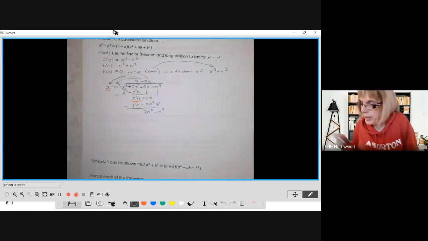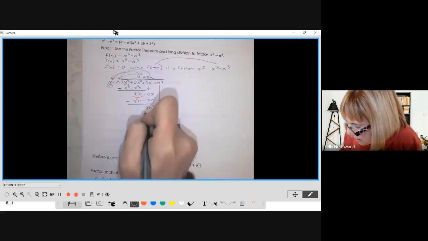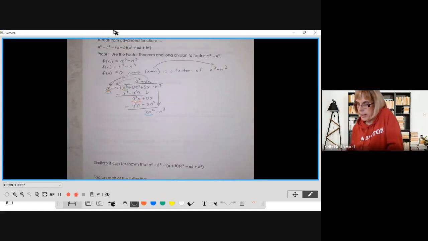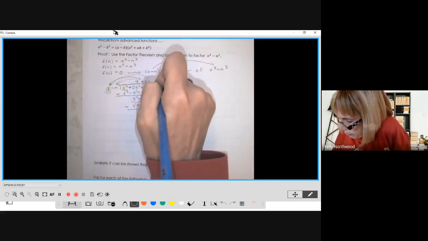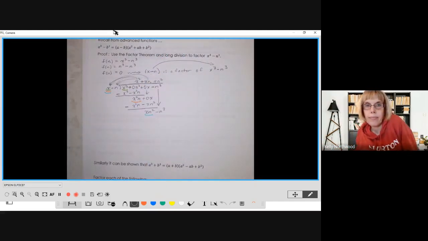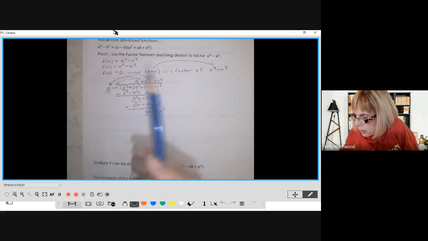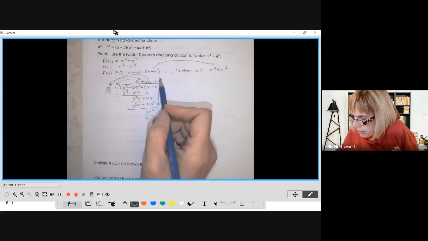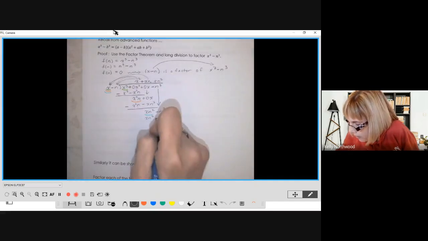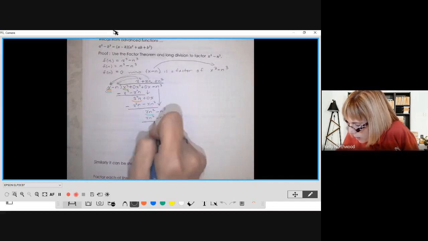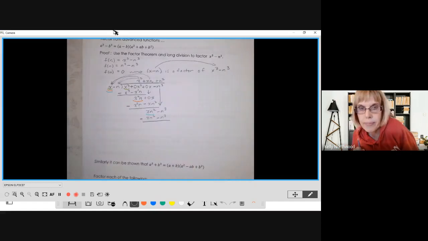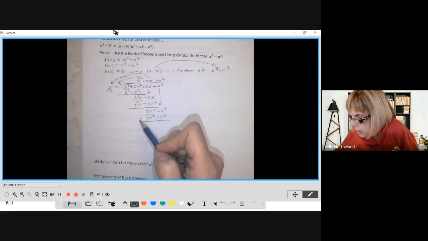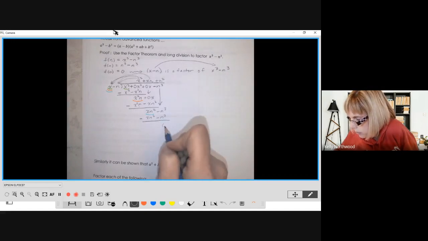And then we're looking at what do I multiply x by to get xn squared? And that would be n squared. Then multiply n squared by x, and you get xn squared. Multiply n squared by negative n, subtract, and you actually get 0 this time, because negative n cubed minus negative n cubed is 0 remainder.